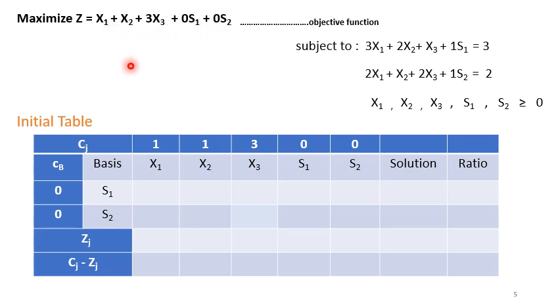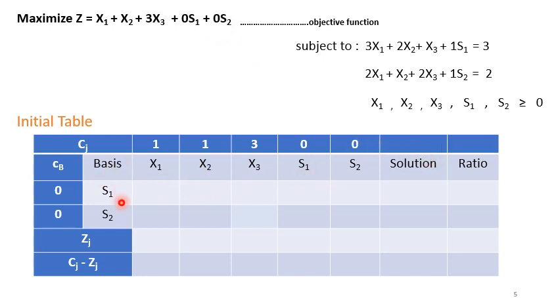You can see all the variables written here: x1, x2, x3, s1 and s2, and the coefficient of each in the objective function. The coefficient of x1 is 1, so 1 is written here. The coefficient of x2 is again 1. The coefficient of x3 is 3. The coefficient of s1 is 0, and the coefficient of s2 is 0. So you have represented it in this way.